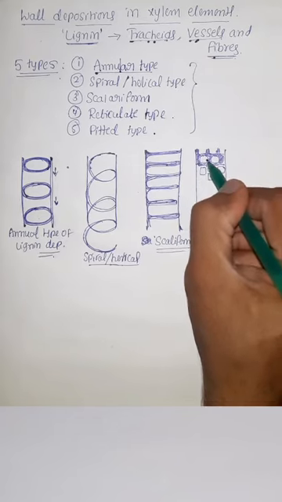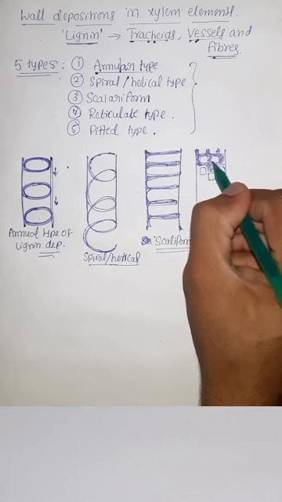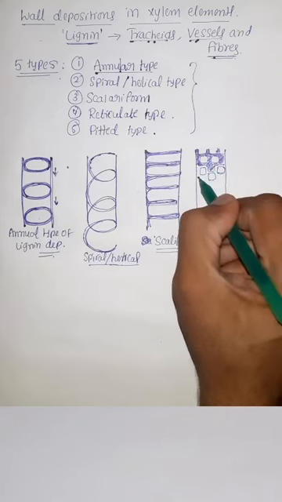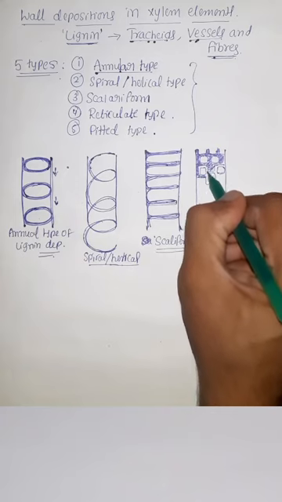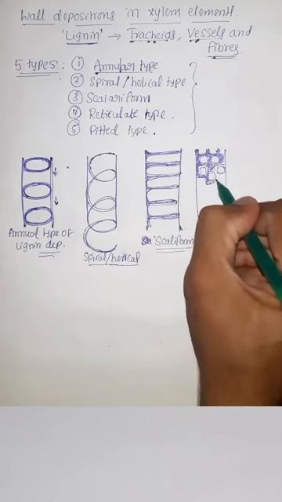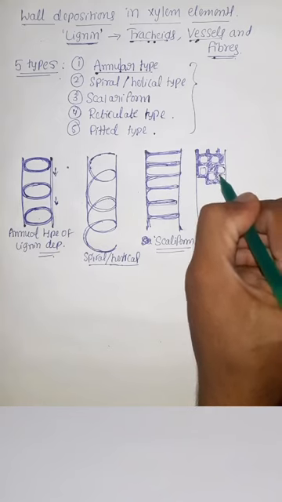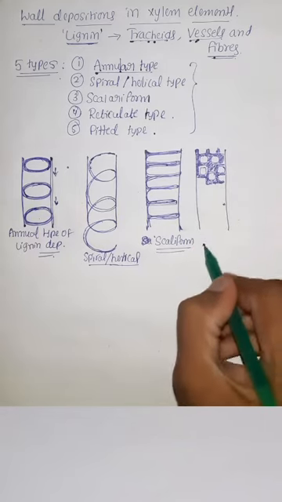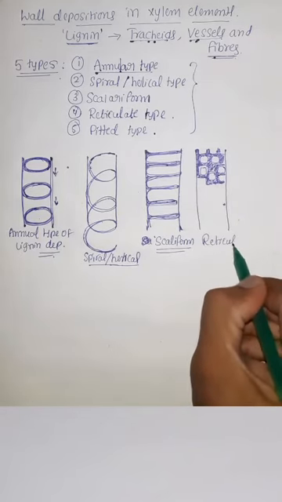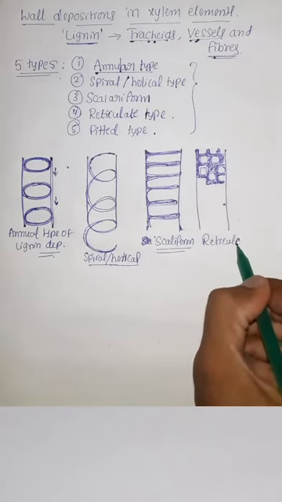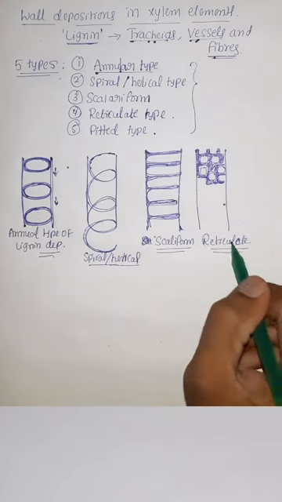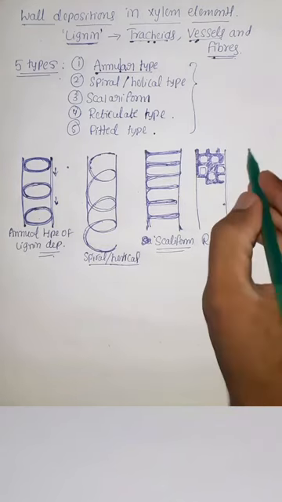Here we can see some places where there is no lignin wall deposition. Only at certain places are we observing lignin wall deposition. It appears in a reticulate manner. That's why it is called reticulate type of lignin deposition.